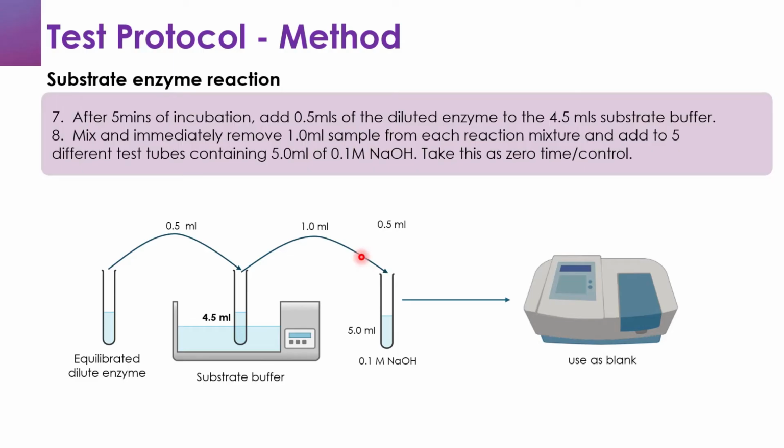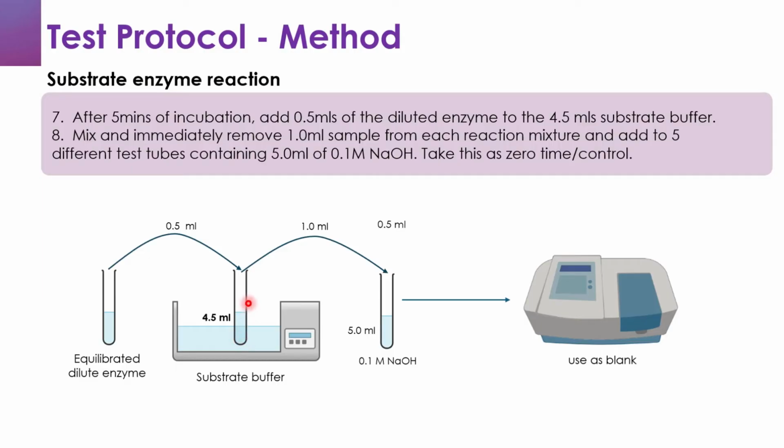So the next is to perform our substrate enzyme reaction, or to prepare our reaction mixture. To do this, after the 5 minutes of incubation, we add 0.5 ml of the equilibrated diluted enzyme to our 4.5 ml substrate buffer in a water bath at 37 degrees Celsius.